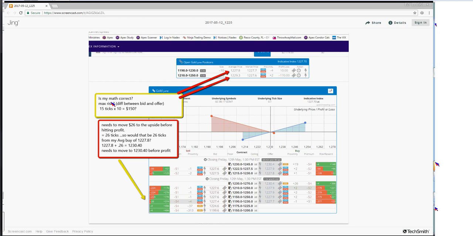Average price, if you subtract the 2, is 15 ticks. 10 contracts, $150. So your max risk on the contract is accurate. Your ratio, oh, never mind. No, your ratios are right.